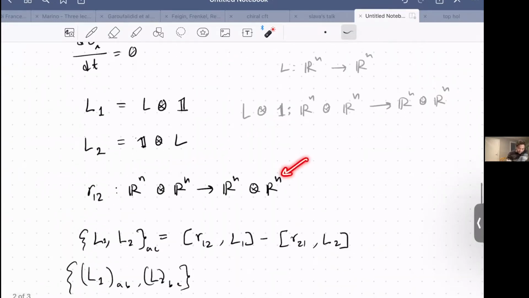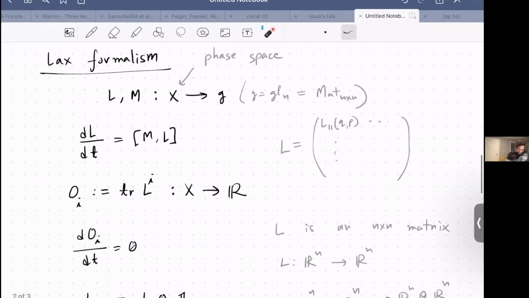Now, what is the significance of n being large? So notice that if L is an n by n matrix, then you can only take n independent traces, right? So you can take trace of L0, L2, dot, dot, dot, Ln minus 1, I think, or maybe Ln. Well, L0 is 1, it doesn't matter.